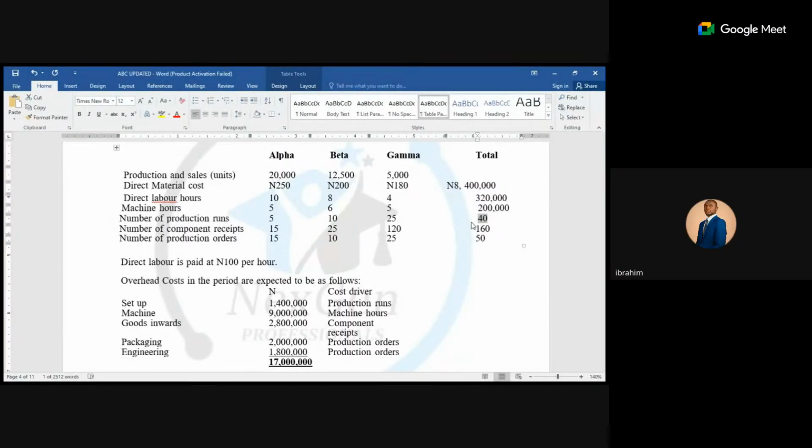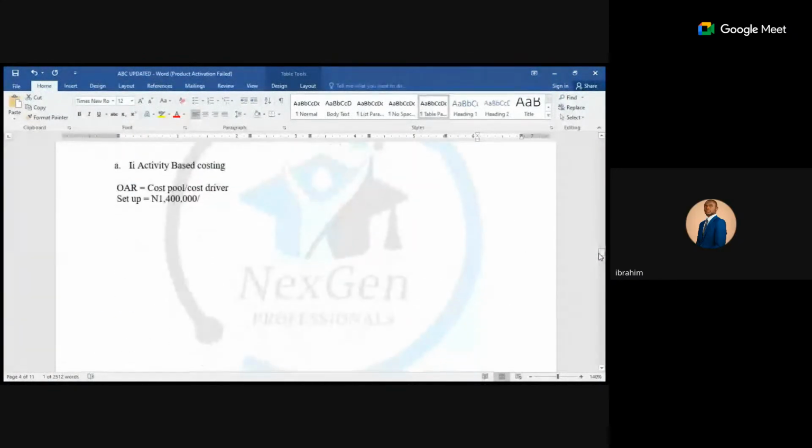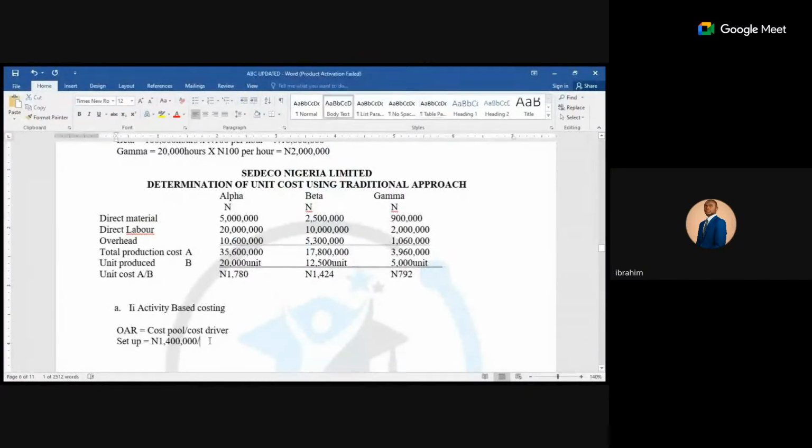It is a very big trap from the examiner. So pick the total here. The total here is 40. So we can come down and say 40.